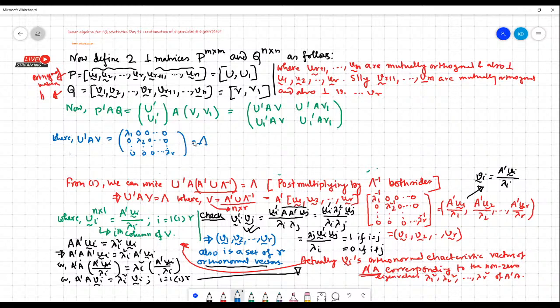And U prime A V1 is equal to, if you write U as U1, U2, up to Ur and V1 as Vr plus 1 to Vn, then you get this thing.